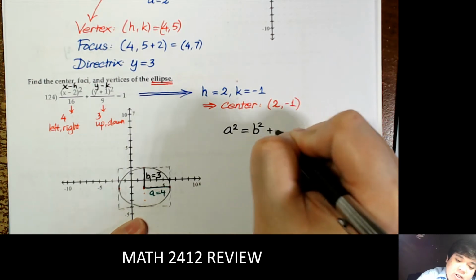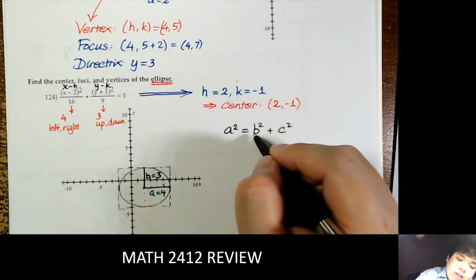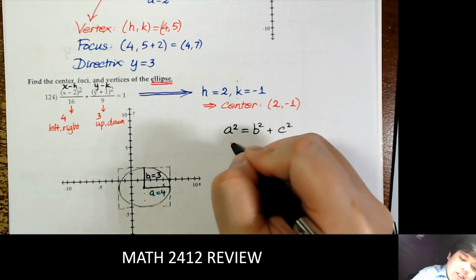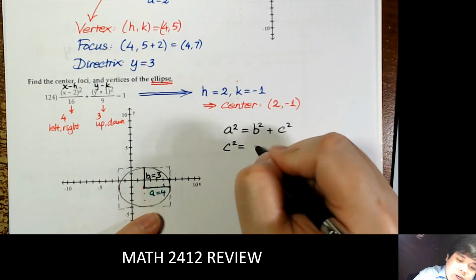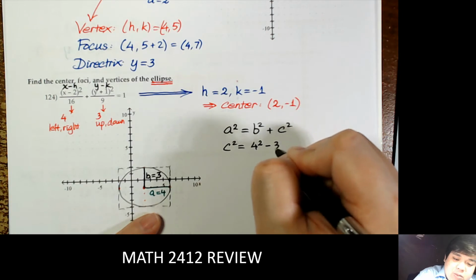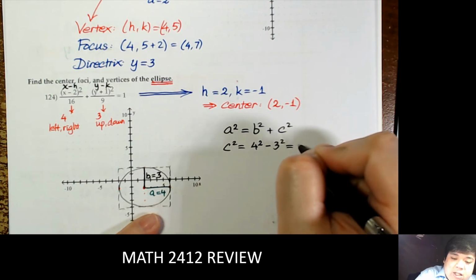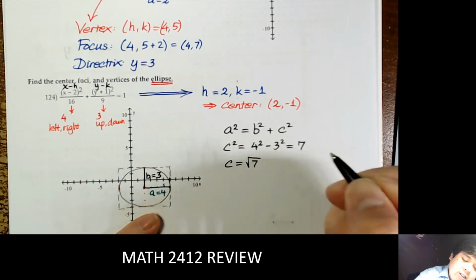We have B squared plus C squared. From here, we can solve for C. A squared minus B squared is 16 minus 9, so 7. So C equals the square root of 7.